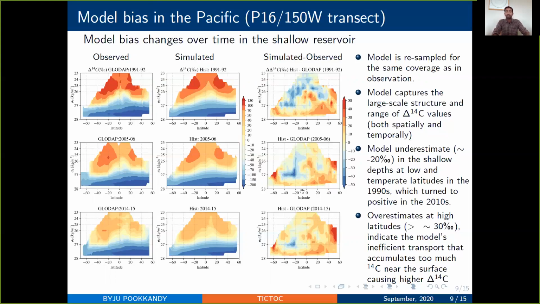At the same time, the model overestimates at high latitudes, indicating that the model is not efficient in transport and accumulates too much radiocarbon near the surface, causing high delta C14. And the deep ocean model simulates more radiocarbon than observed, indicating that the model is too efficient in transferring radiocarbon into the interior ocean.